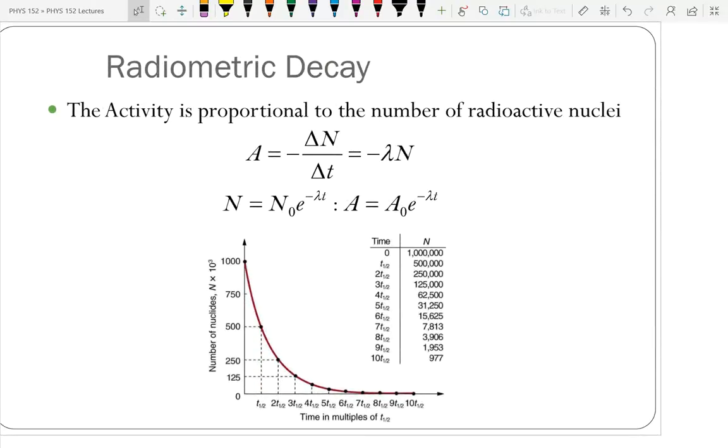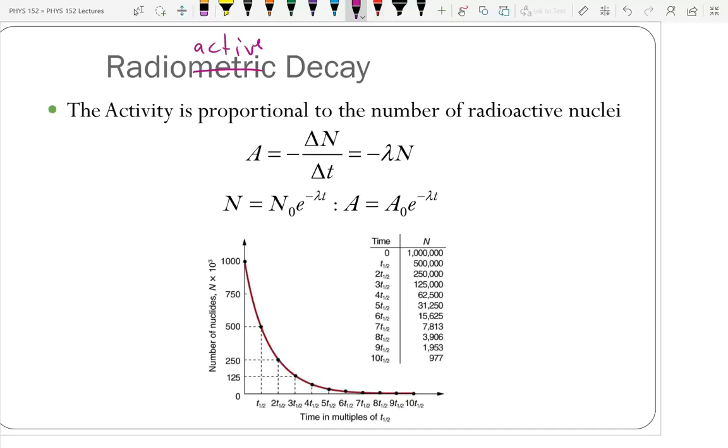This is, I think, my next to last slide. I put radiometric decay instead of radioactive decay because I started with one slide, changed it to another slide. I did not notice that it did say radioactive. It's supposed to be radioactive decay. From careful study, we know that for each type of radioactive element, there's a certain probability per second that it will decay.